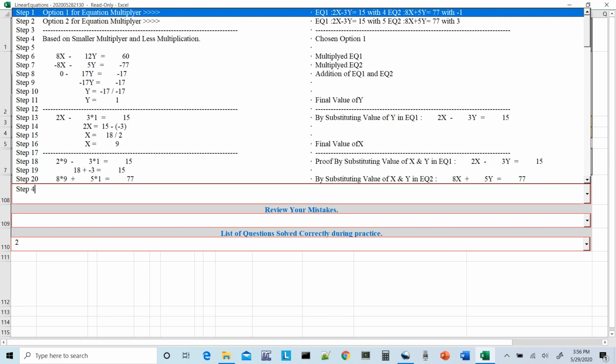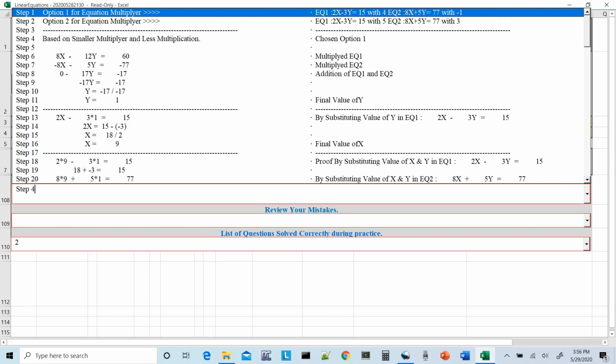In this case, there was no multiplier which could have made the values of the same variable in the two equations the same with opposite sign. So here it has multiplied both the equations. It has multiplied the first equation with 4 and the second with -1, or the first equation with 5 or with 3.